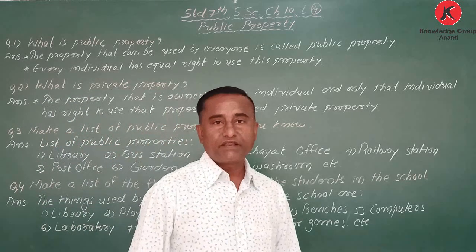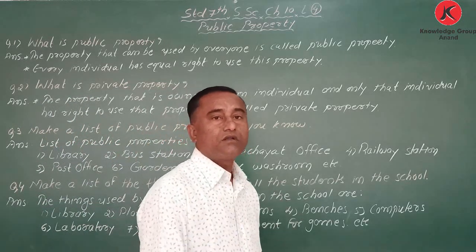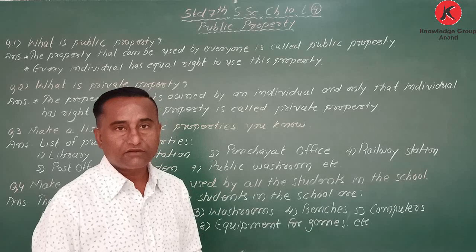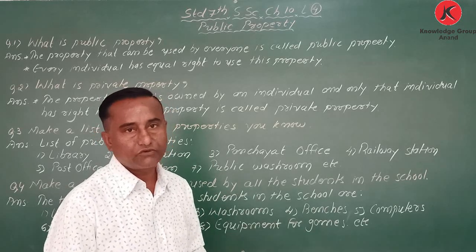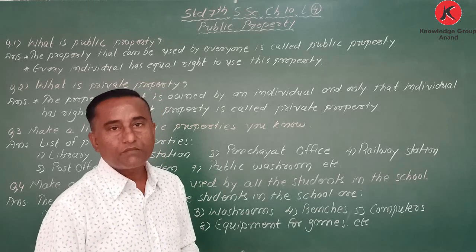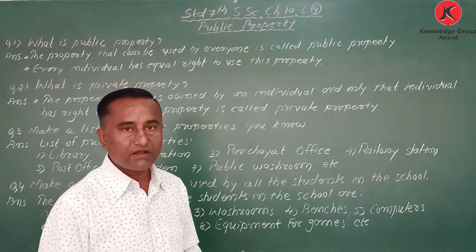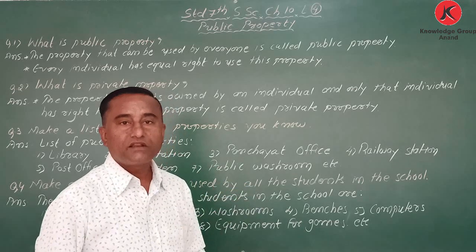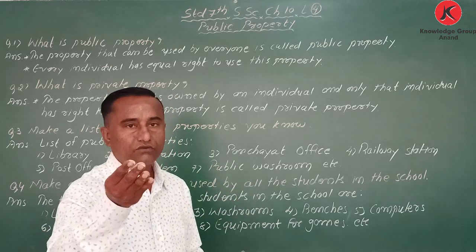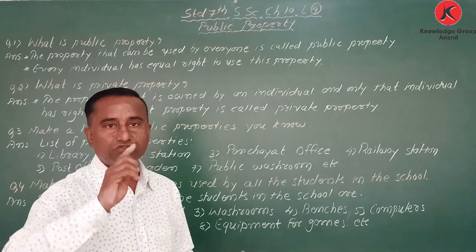Now take your car, the four-wheeler at home. Can everybody use it? No, my dear student, you only. If you give permission, then others can drive it, otherwise nobody can use it.